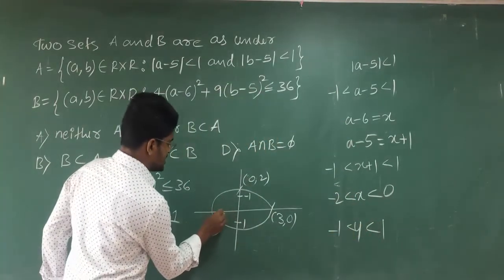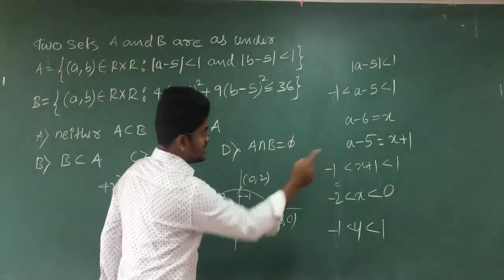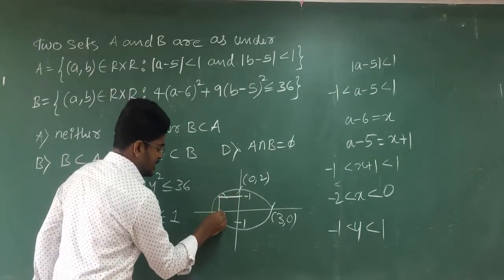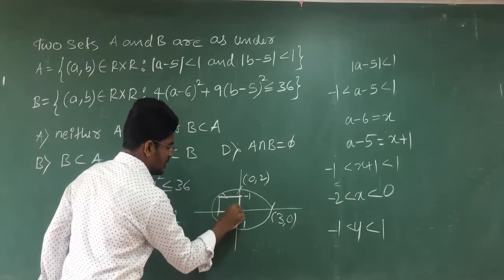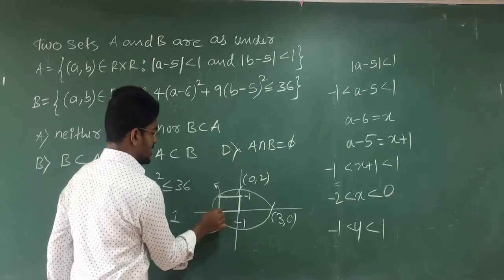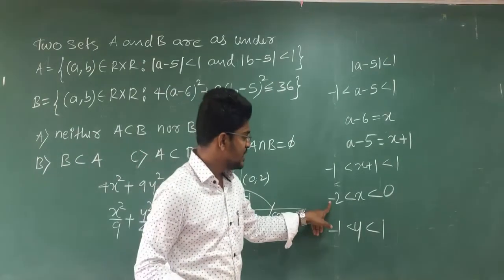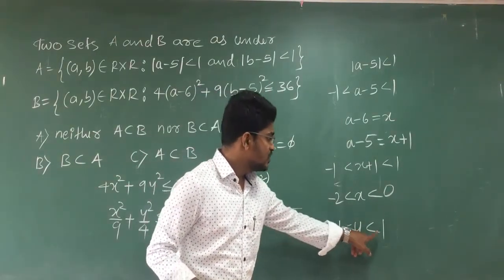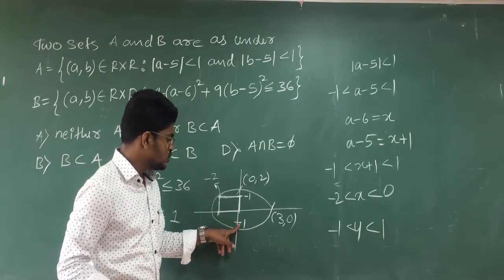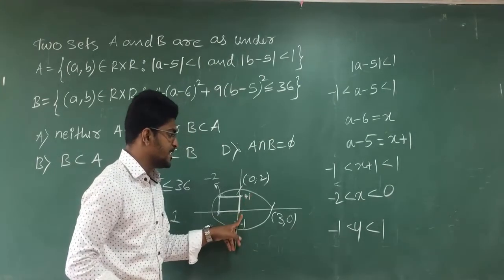That is, x is between minus 2 and 0. That means x is minus 2, y is minus 1, and here y is plus 1, x is 0.